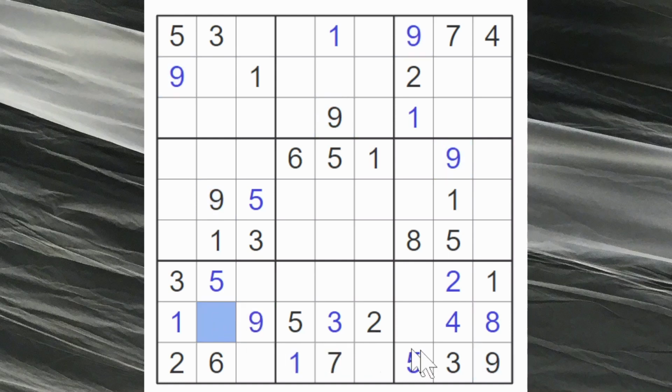And now we are looking at a missing 6 and a missing 7 for these squares here, and we have a 6 blocking this square, so this is a 7, and therefore this is a 7 and this is a 6. These are still a 4 and an 8. This is also, of course, a 4 or an 8. And if nothing else, it means that an 8 will have to go in one of these 2 squares here.